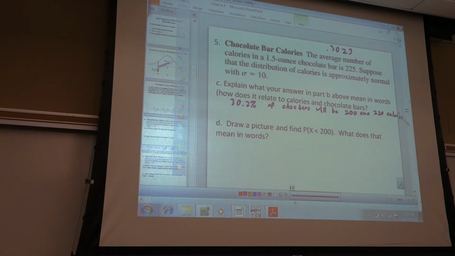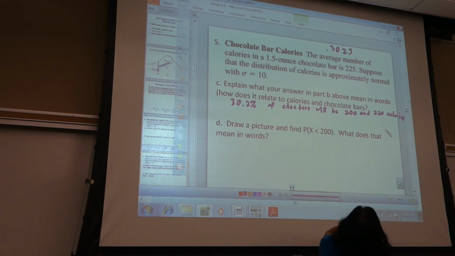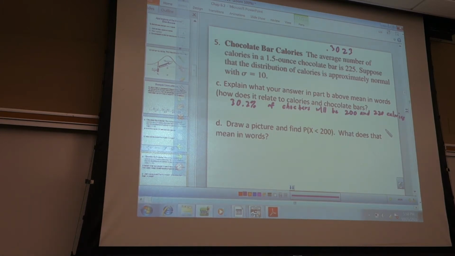Make sense? So that means that 30.2% of all chocolate bars will have 200 to 220 calories.